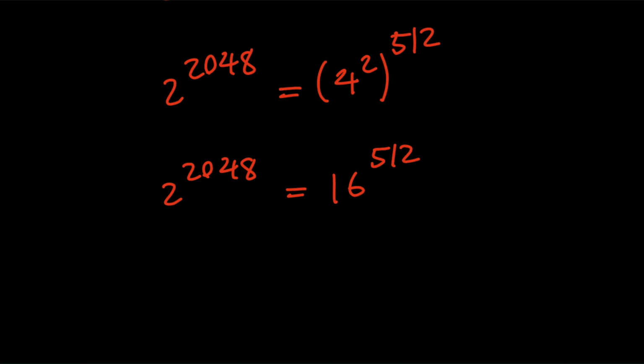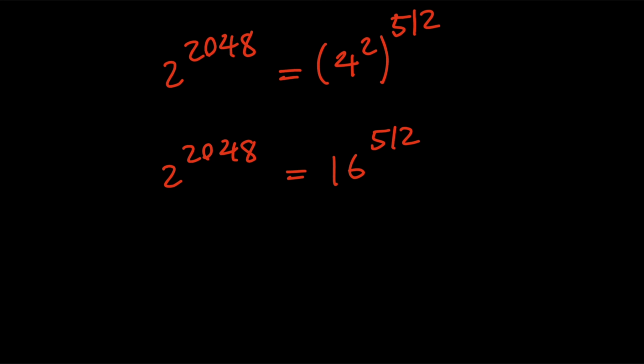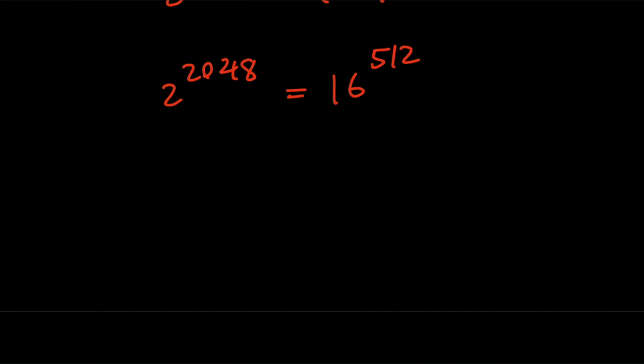Awesome. Now, if you look at the right-hand side, you can see that 16 and 512 are much closer than 2 and 2048. So that means that we are getting closer and closer to the solution. So let's go ahead and use the same process and let's break 512. So let's replace 512 with 2 times 256.